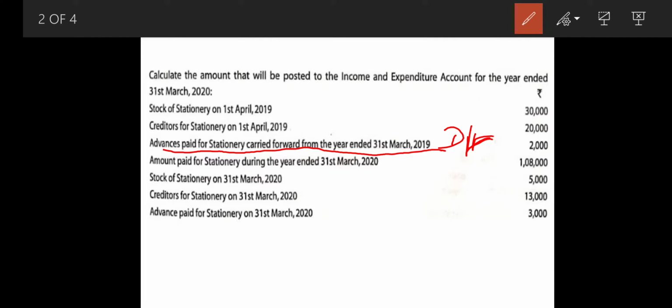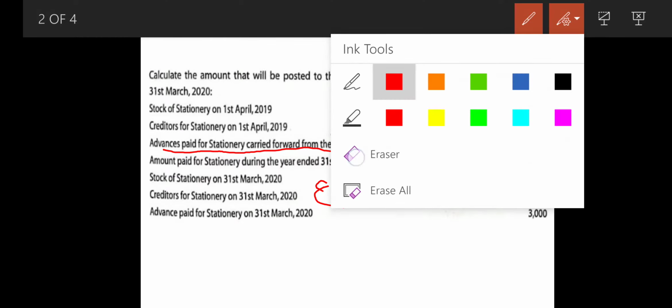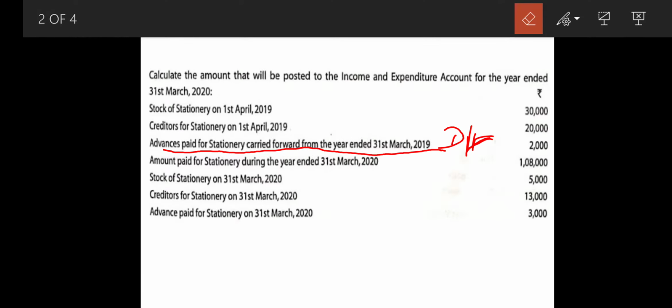creditors account. And amount paid for stationery during the year, this is a payment which was made for stationery. Then stock of stationery, this is closing stock of stationery. You are very much aware now. And creditors also, this is closing creditors. So all these items you are through with, but there are two new items, and the last one is advance paid for stationery.